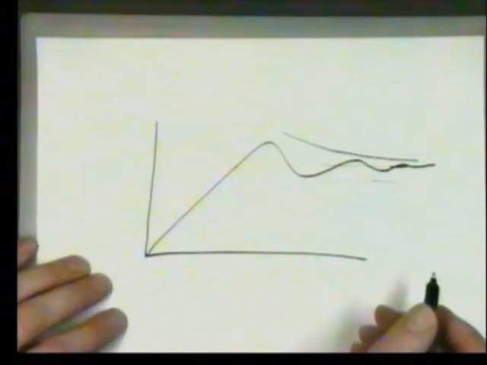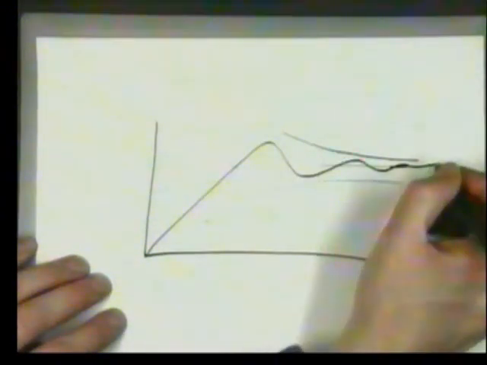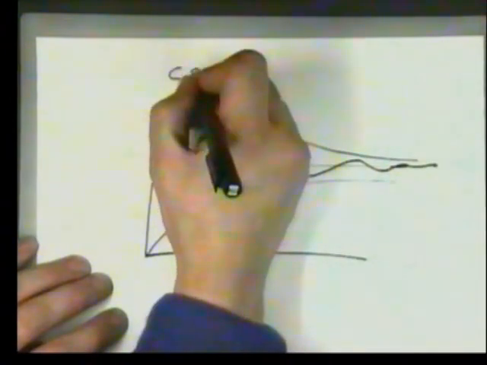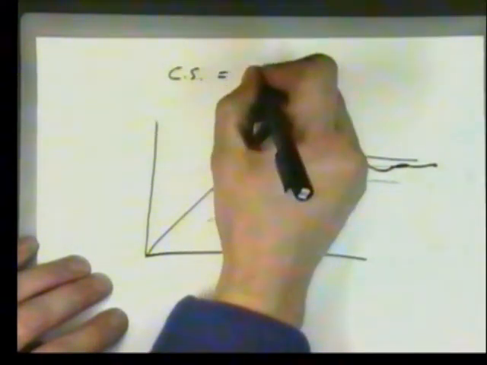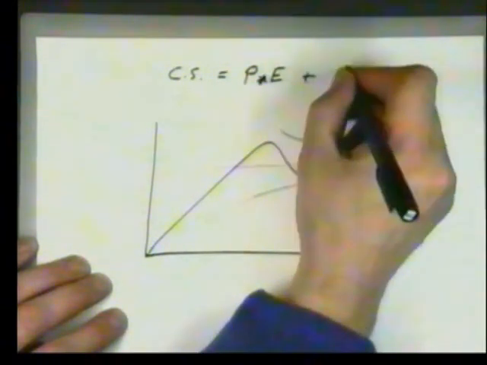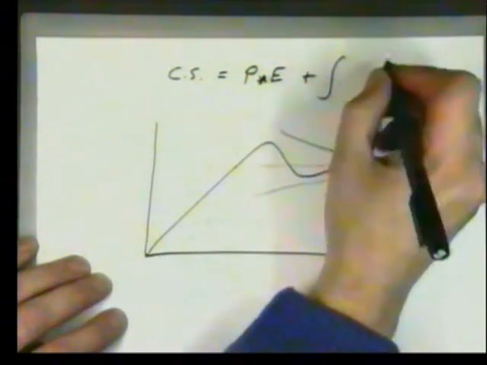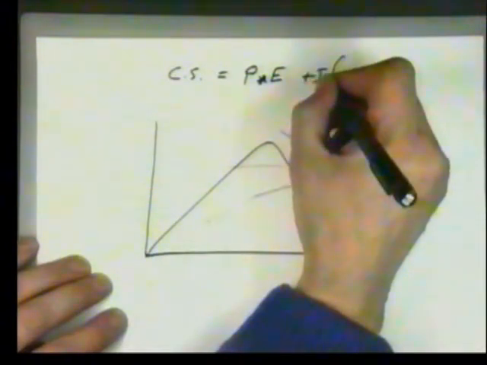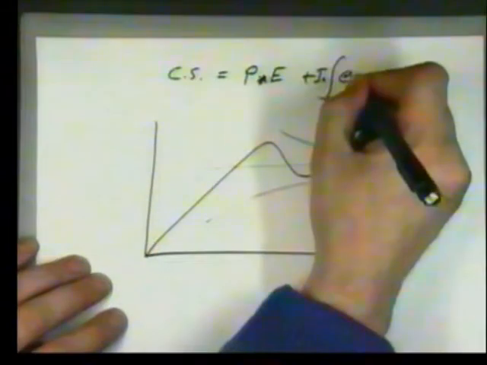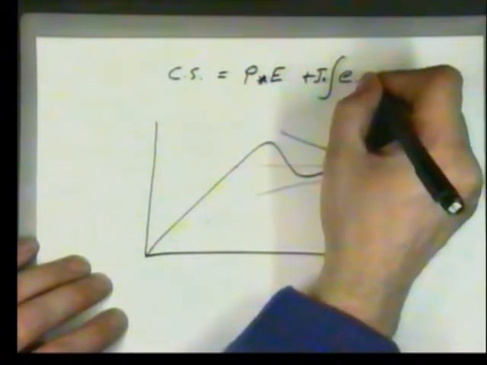If you've tuned it correctly, then you will actually end up spot on the set point. So let's write that out again. Control signal equals proportional times the error plus the integral of the error over time.